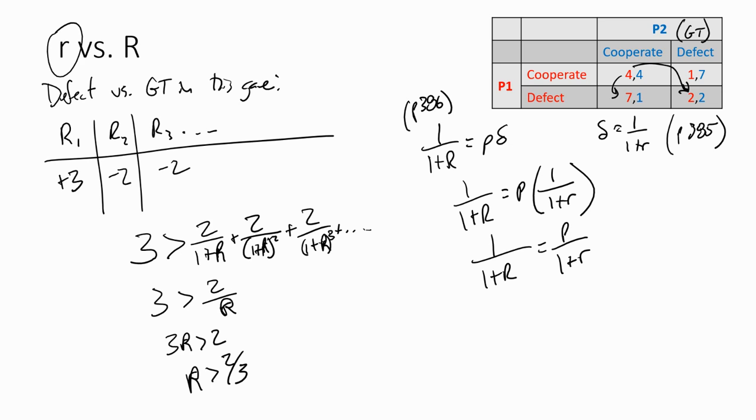So for example, let me solve for capital R here. That's going to require getting a common denominator for both of these. So I'm going to multiply this side by 1 plus lowercase r over 1 plus lowercase r, and this side by 1 plus capital R over 1 plus capital R. So what does that give me?